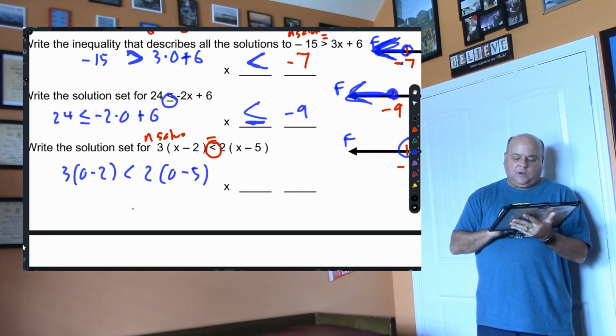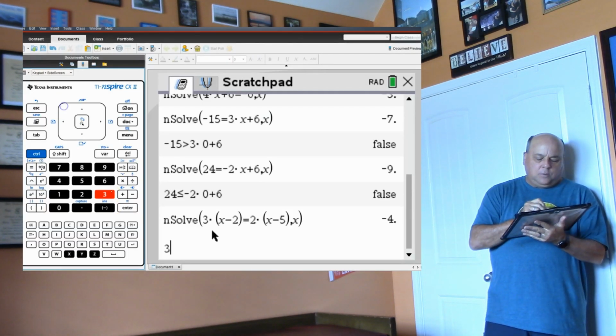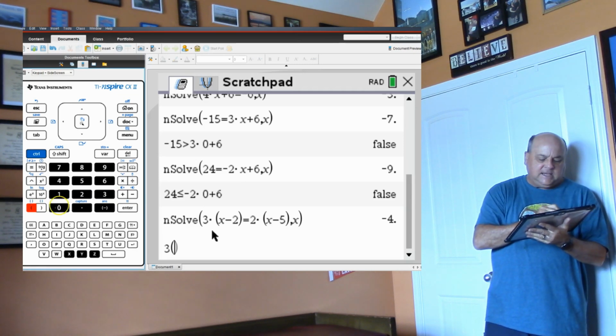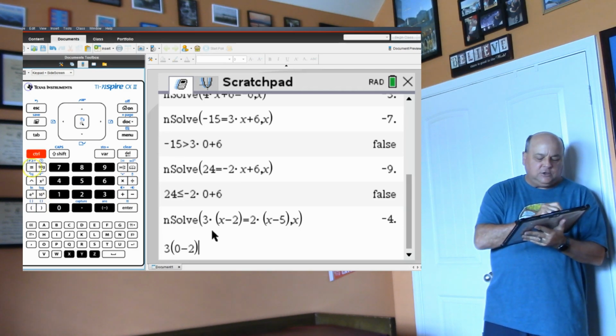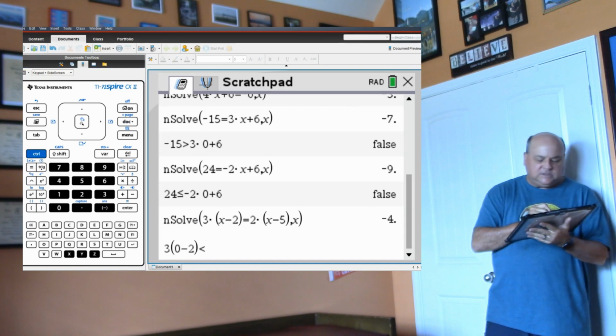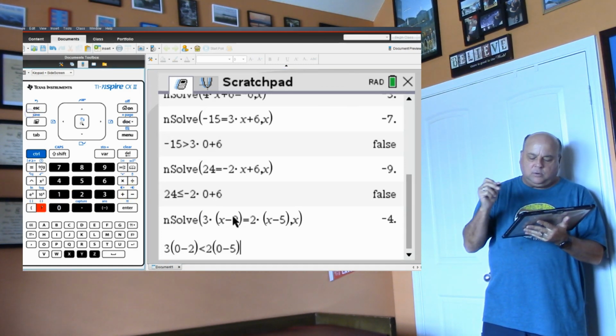Now we're going to type this in and see if it's true or false. So I'm going to go back to the calculator. 3 parentheses, 0 minus 2, replace the x with 0, close the parentheses, and I got less than, Control equal, pick the less than, and then 2 parentheses, 0 minus 5, close parentheses, hit enter.